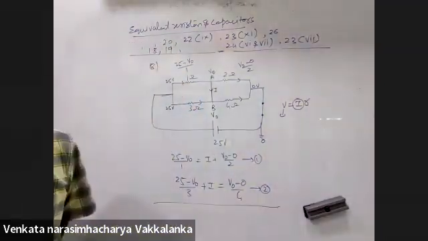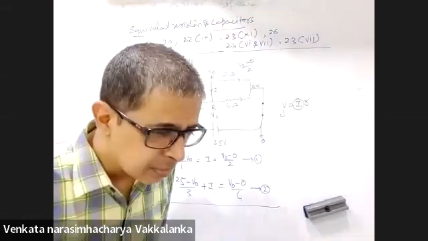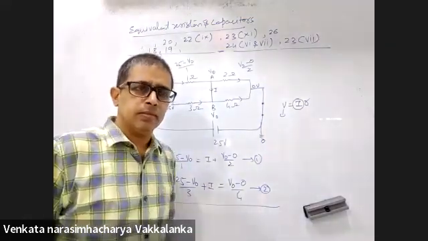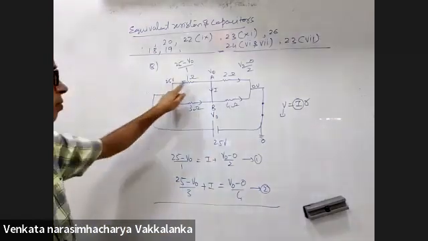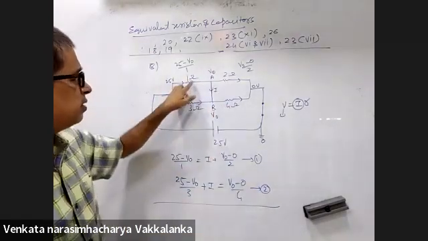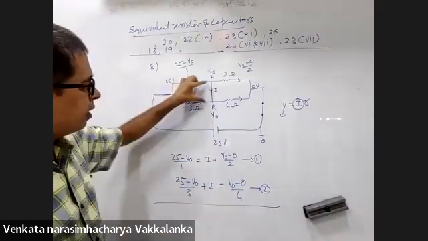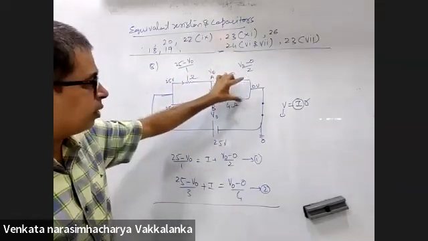So for this, I used a different method. I found the current in all the four resistances. This current, this current, this current, this current, total current coming should be equal to total current going.